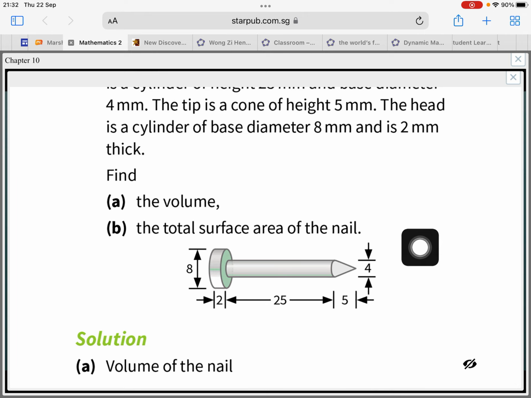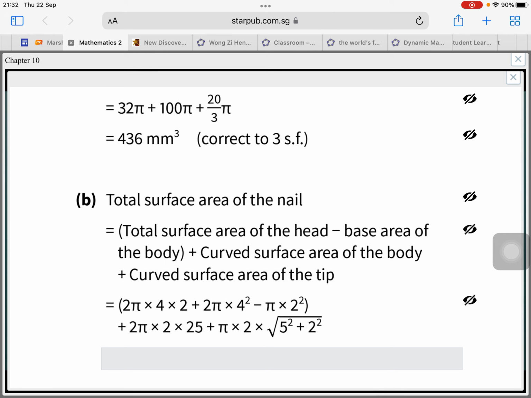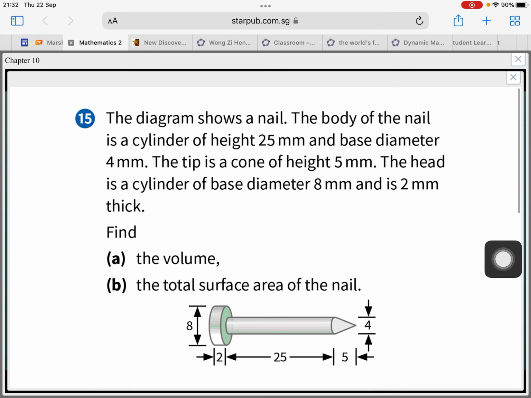Last one is your cone. Cone surface area will be pi rl. In this case r is 2, that's settled. l is the thing that you don't know, because you only know that the height here is 5. You still don't know the slant height. So this is where Pythagoras theorem can kick in. So pi rl, r is 2, l you can take the square root of the sum of the other two squares.